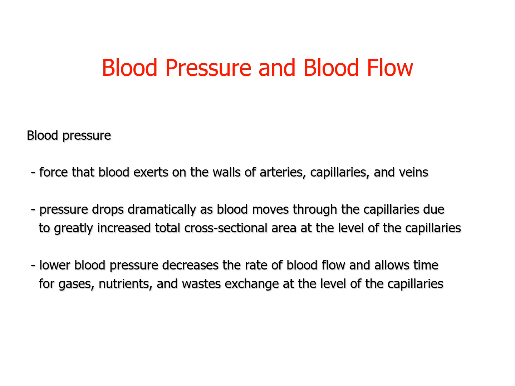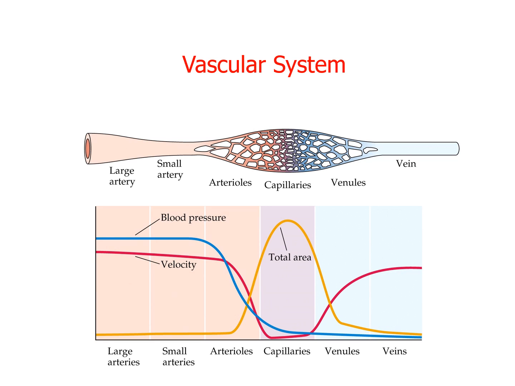That total cross-sectional area is much larger than the arteriole that fed blood into that, so the blood pressure drops. The volume is bigger that the blood is entering into, so the pressure drops. The blood flow rate slows down, and that allows enough time for exchange to occur at the level of the capillaries.